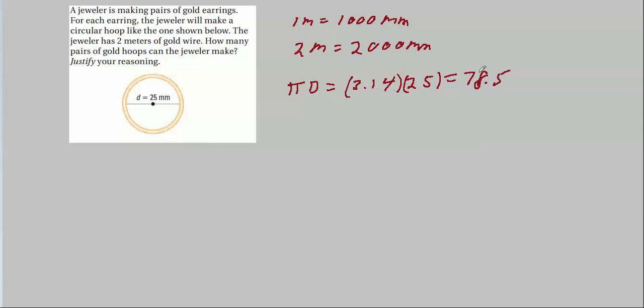And what is 78.5? That is the amount of wire needed in millimeters per earring. 78.5 millimeters per earring. So what we need to do is divide that into our 2,000, because that's how much we have to work with.